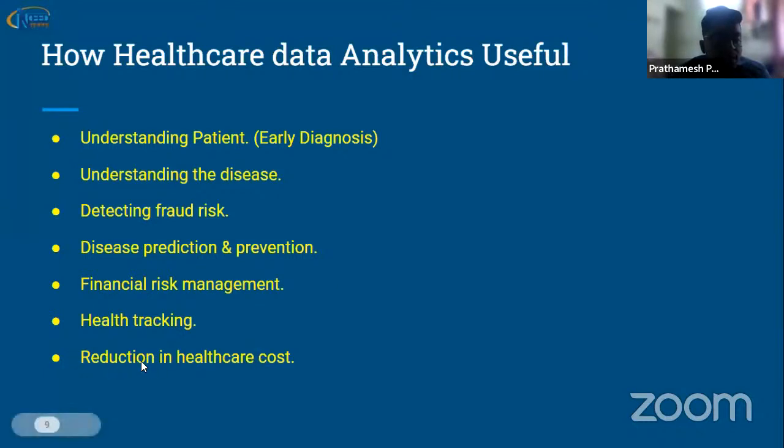So this is also one of the importances in healthcare data analytics, because reduction in healthcare costs is most important in day-to-day life, because no one is earning more than 50,000 or 60,000 in a regular month. Some folks out there are surviving on their regular wages.